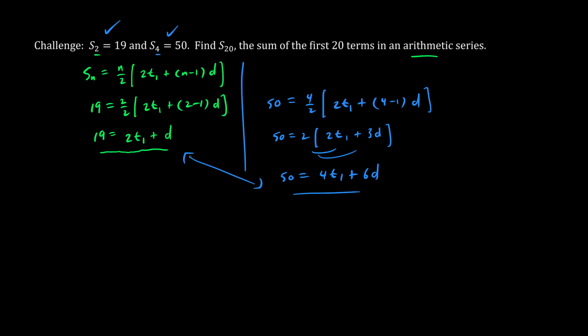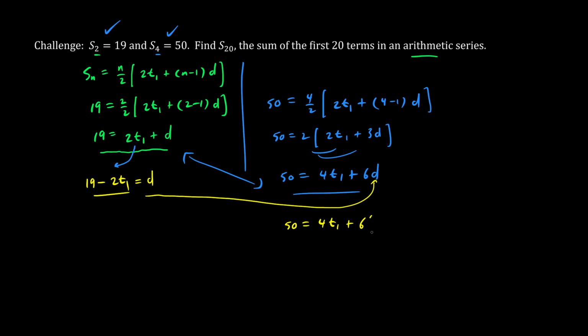So let's try substitution. Let's just try moving this term to the left. And so we get d is equals to 19 minus 2t1. And we'll substitute this d into here. 50 is equals to 4t1 plus 6d, which is 19 minus 2t1.